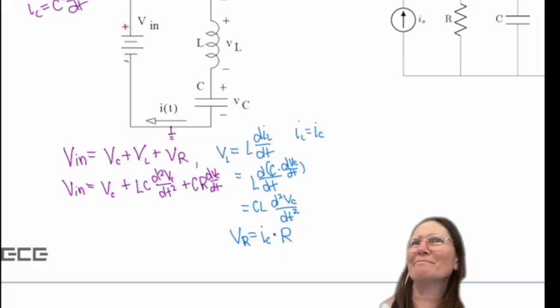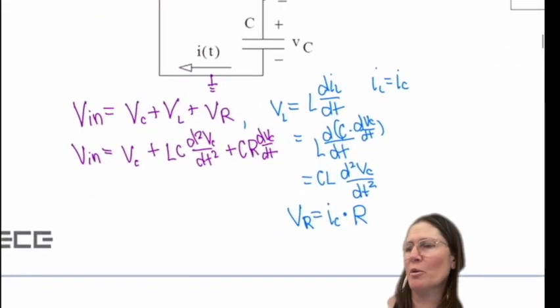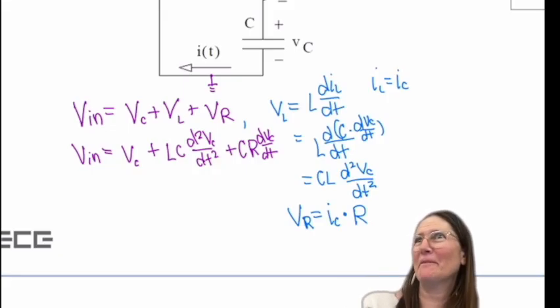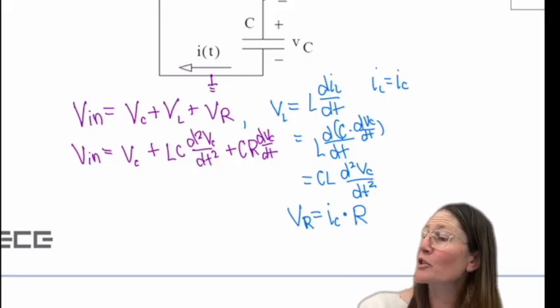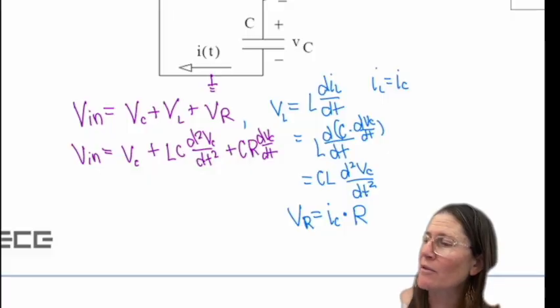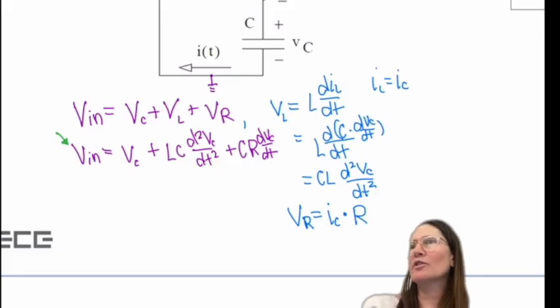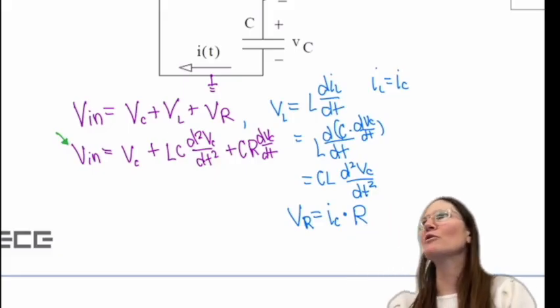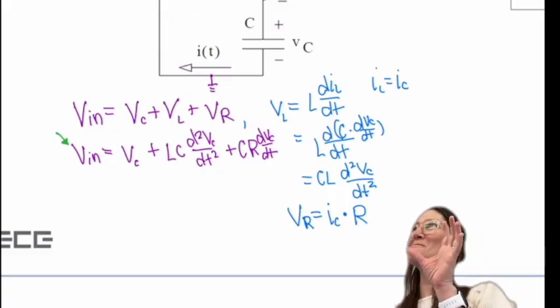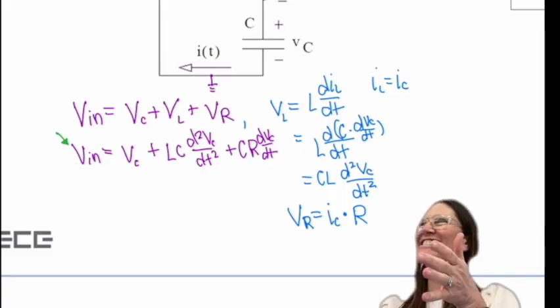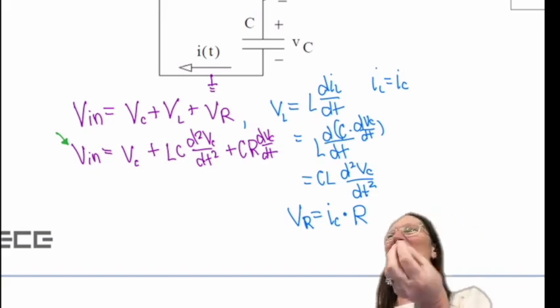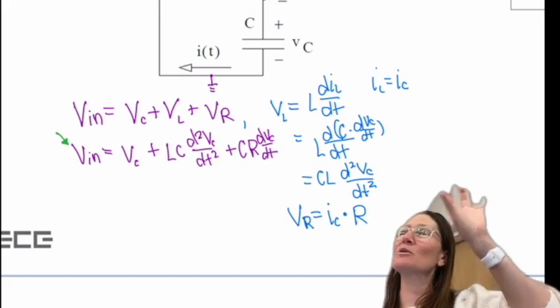So much fun, right? A second order differential equation. You guys remember how to solve these? How would you go about solving them? First off, what does it mean that this is not a zero? If you remember, the homogeneous solution was when you have it equal to zero.